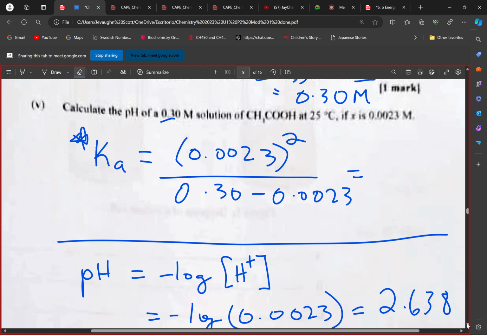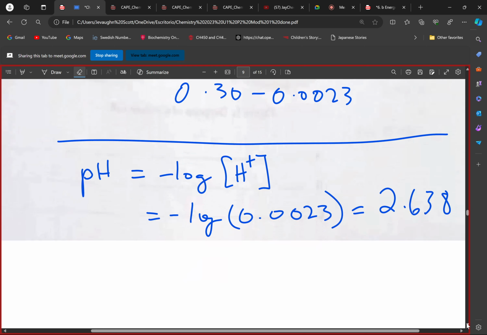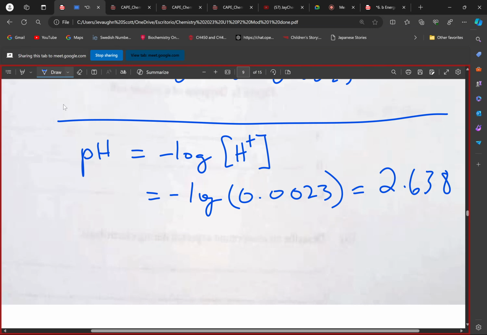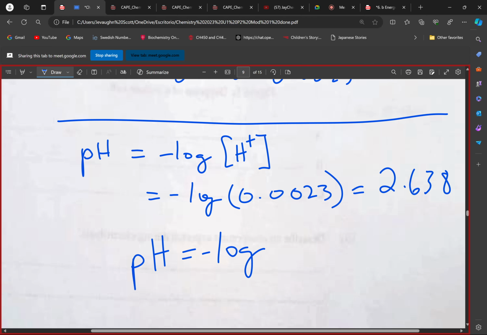I don't know if I need to show you all the different ways they can work it. There's this way. It's a weird way, but the pH is going to be equal to the negative log of the square root of the acid concentration times the Ka.